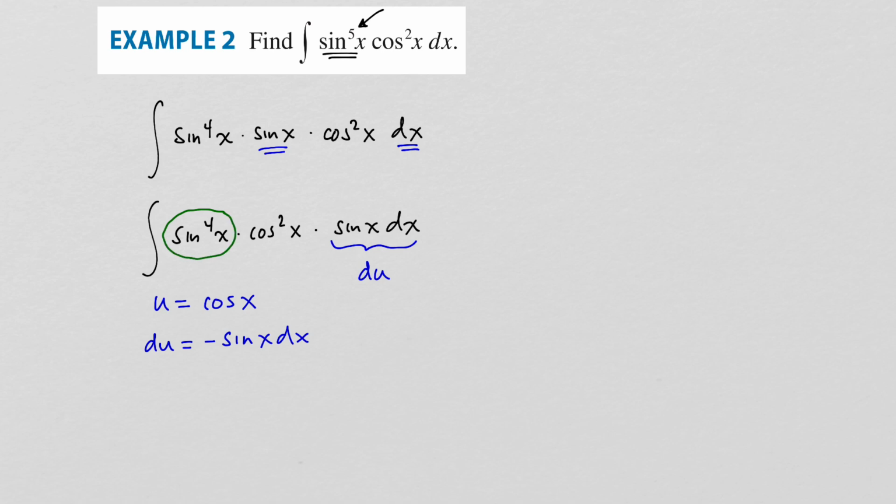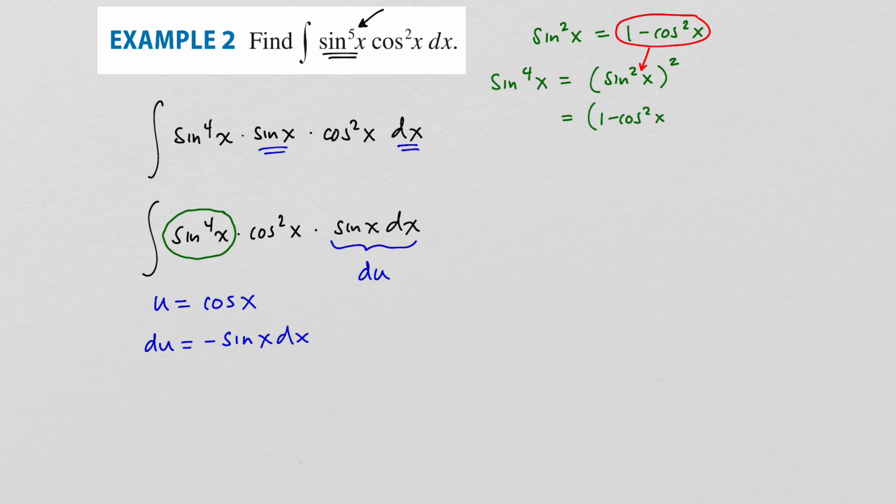Well, again, we need to rely on the Pythagorean identity. We know that sine squared of x is equal to 1 minus cosine squared of x. So now let's just remember that sine to the fourth power of x is the same as sine squared of x, squared. But if sine squared is 1 minus cosine squared, we can put that in here, and that's going to give us 1 minus cosine squared quantity squared.